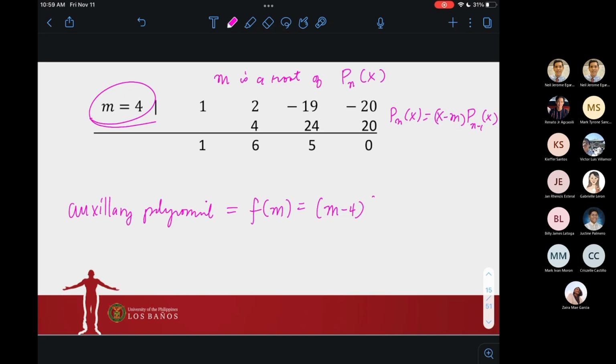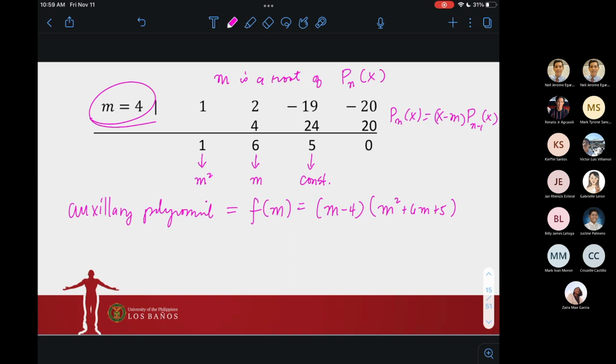Tapos times whatever is left in the synthetic division. So this guy is the coefficient to m squared. This is the coefficient to m. This is our constant, right? So ibig sabihin yung natitirang factor ng auxiliary polynomial ay si m squared plus 6m plus 5.